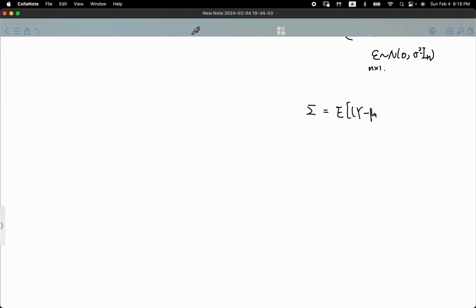So let's write here the variance-covariance matrix of your random variable y, and this is the mean vector for the random variable y. This is just a general case. Later we will refer to this y as epsilon, and this is the covariance matrix of epsilon and the mean vector of epsilon. But here we're just referring to the general form.